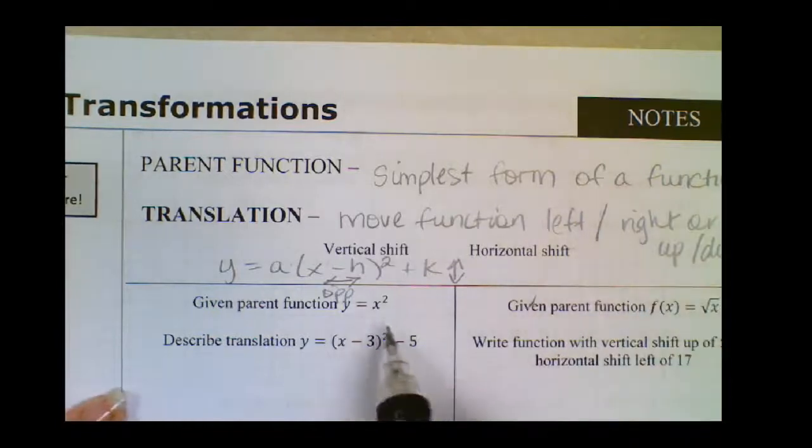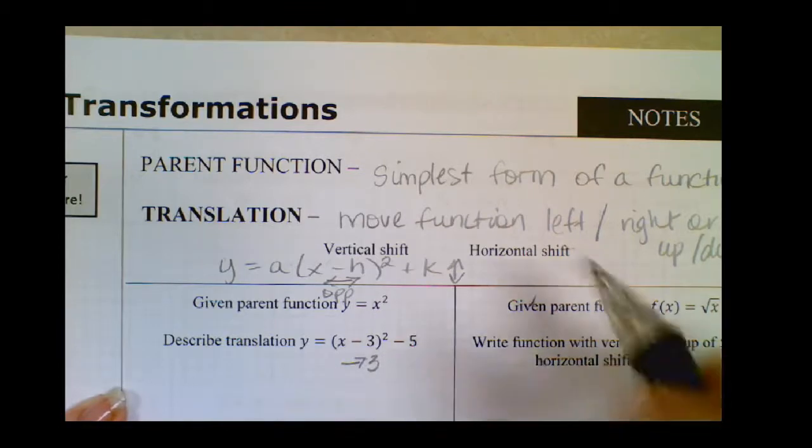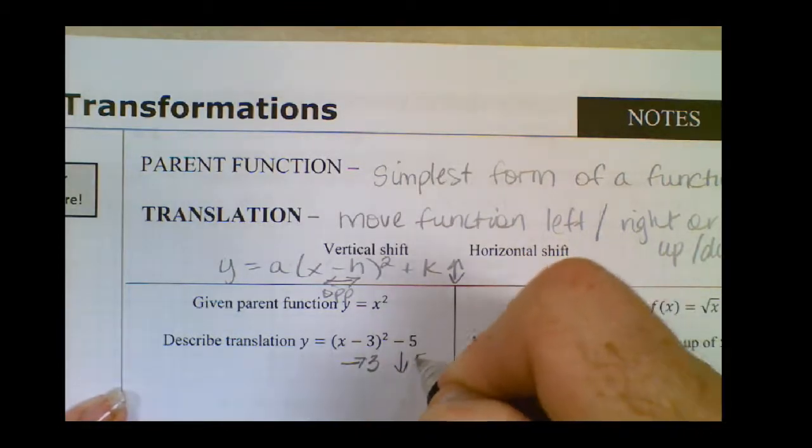Okay, so for this one, we've got a horizontal shift. It's going to do the opposite of what this is because it's whatever gets you back to x. So it has to offset this negative 3. So it's actually moving to the right by 3 and then shifting down 5.